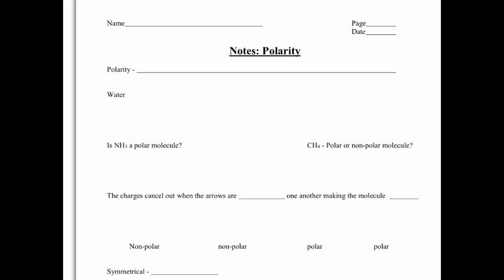What happens is, if a molecule has polarity, it's because there is a charge across the molecule. So molecules that have nonpolar bonds, those where the electronegativity is the same at either end of the bond, will not have a polar molecule.